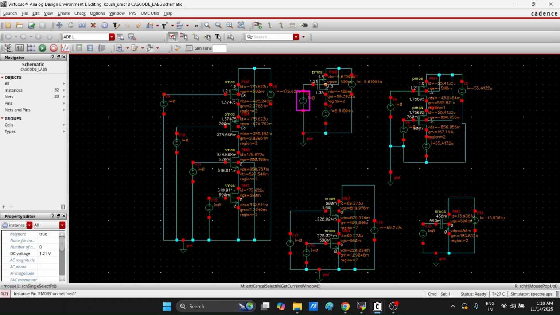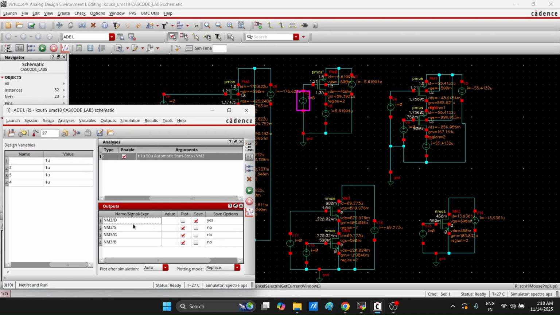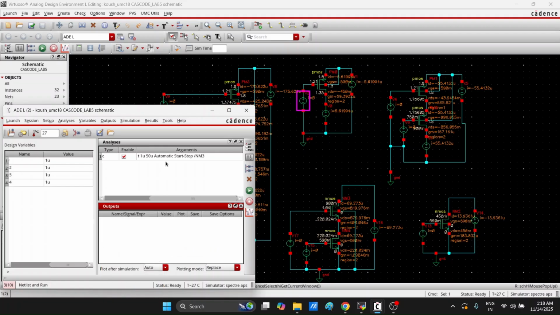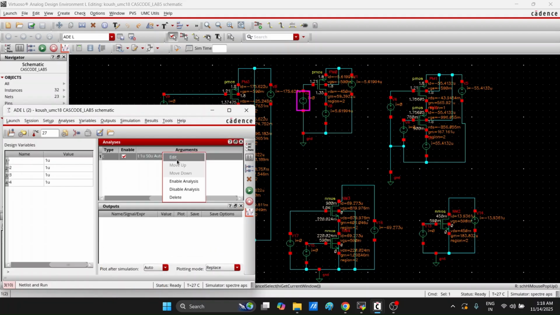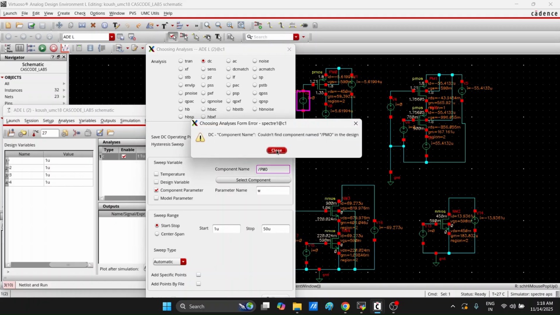So 1.8 minus 590 millivolt will give 1.21, and its source will be at 1.35 volt, because we are assuming the voltage drop across all the transistors is exactly the same. So 1.8 divided by 4 is 450 millivolt. Hence the source will be at 1.35 volt.